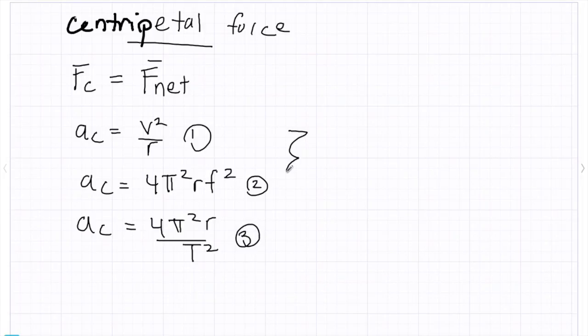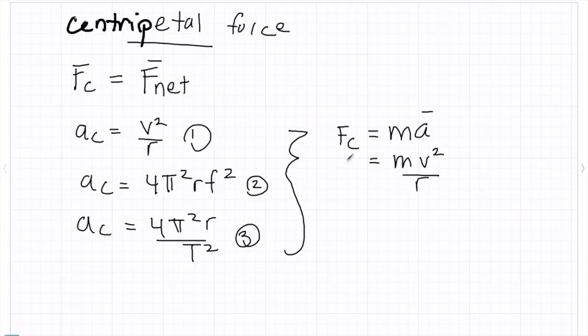So we can very quickly develop equations for centripetal force by using Newton's second law, which is Fc equal to ma. So if we know the a, which is, in the first case, v squared over r, this is our first equation for centripetal force. And then the other two come from adding mass in the equation.